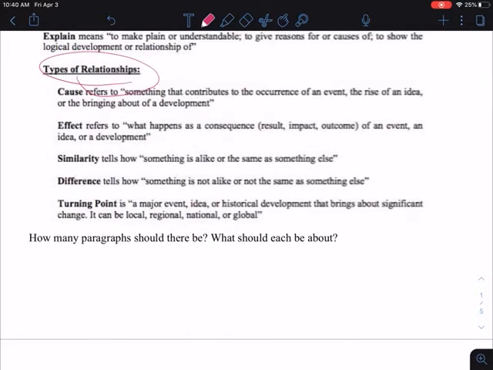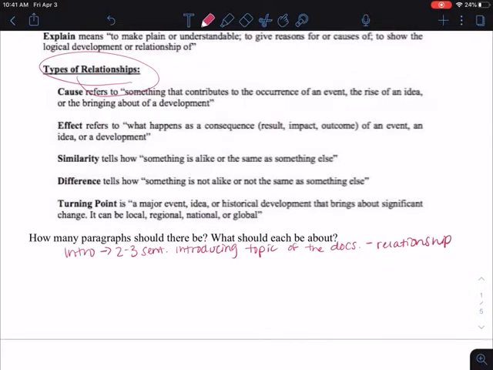So when we look at this, how many paragraphs do you think we're going to have? Remember, the setup of a short essay, in order to get the highest score possible, we do want to start with an intro. This is going to be that 2, maybe 3 sentences, just introducing the topic of the docs, and then the relationship that you chose.